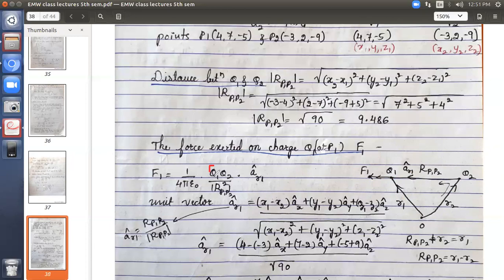In this, Q1 and Q2 are given to you in the problem. This value you know, 1 by 4 pi epsilon naught value, you know it already. Now the position vector magnitude you have calculated in the first sub question. You have calculated the magnitude, 9.486, that you have already calculated. The unknown thing is this only.